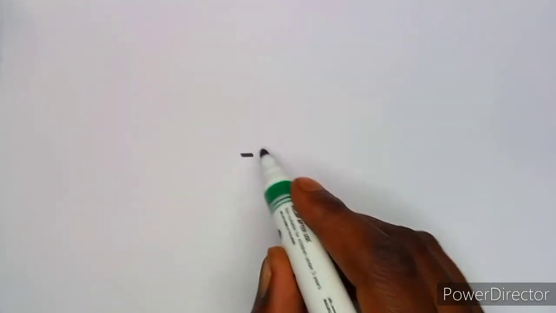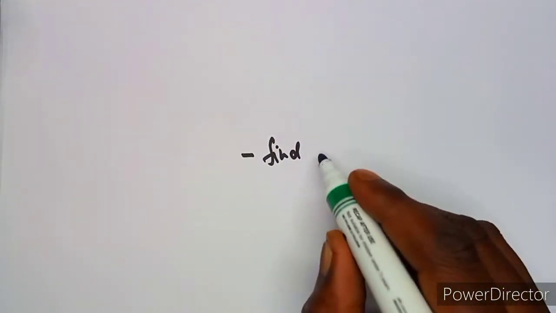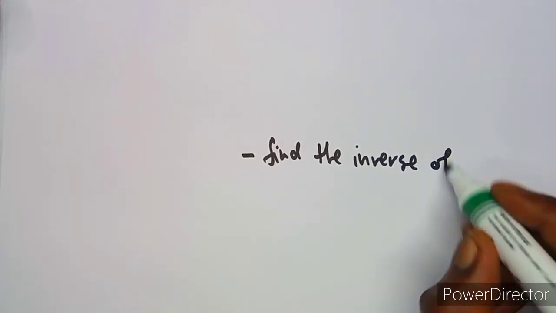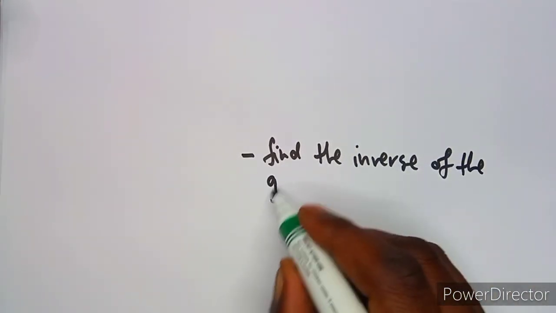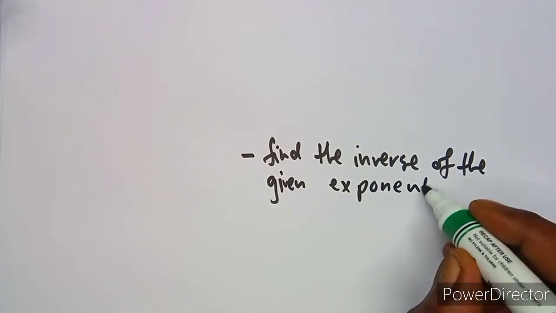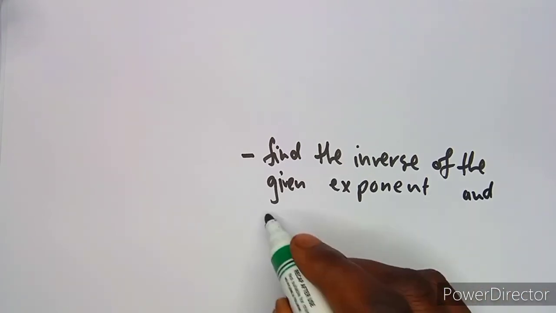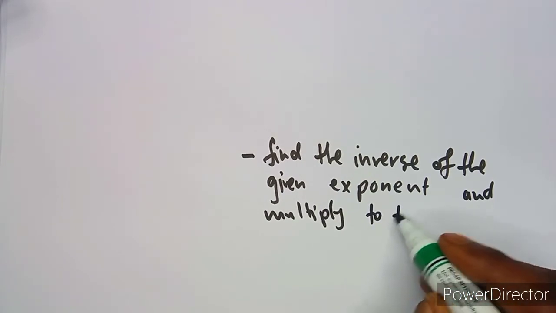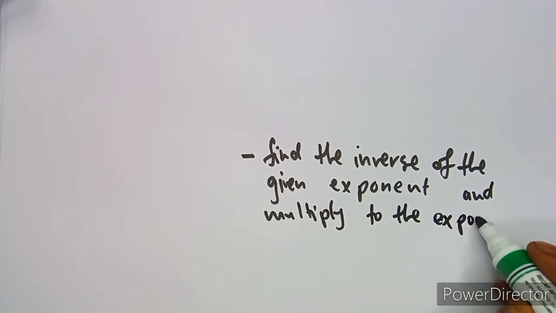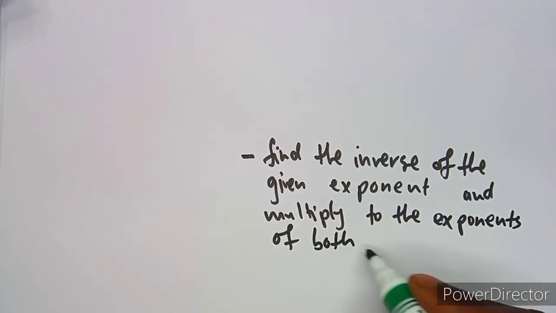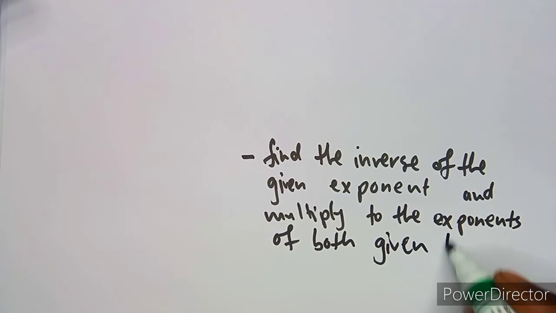You're going to find the inverse of the given exponent, and multiply to the exponents of both terms, of both given terms.